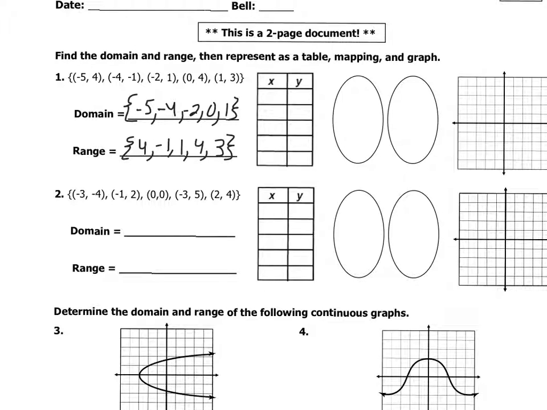Put it in a table, it would be -5, -4, -2, 0, 1, and then 4, -1, 1, 4, 3.